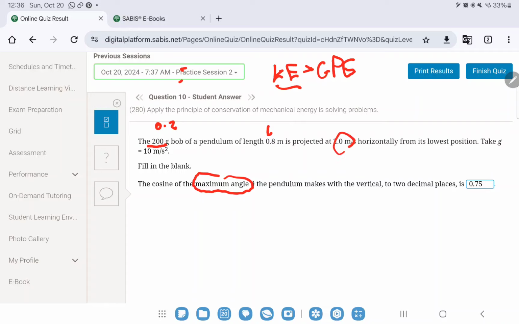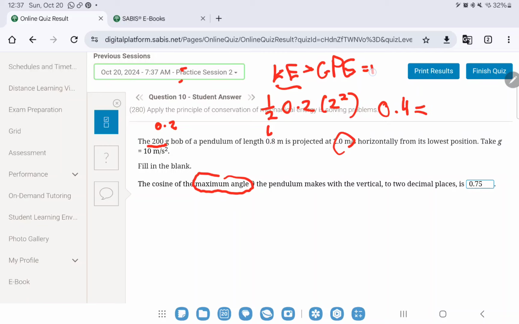Kinetic energy equals half m v squared, which is 0.5 times 0.2 times 2 squared, which is 4. That gives 0.4. So your kinetic energy is 0.4 and your GPE equals 0.4.